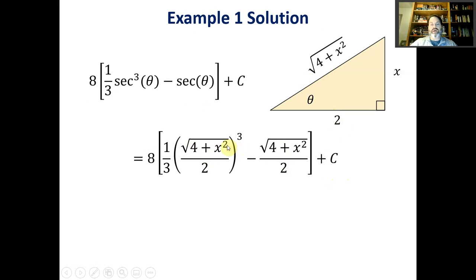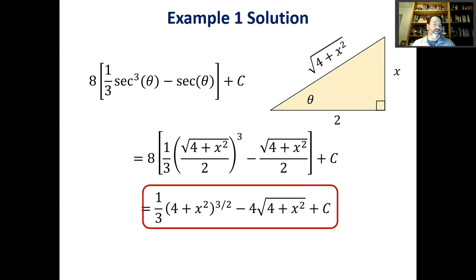In the numerator, this is 4 plus x squared to the 1/2 power to the 3rd power. So that's 4 plus x squared to the 3/2 power. This 2 is also cubed, so it becomes an 8 in a denominator. So this 8 in the denominator cancels this 8. So those 8's go away, and you're just left with the expression you see here.